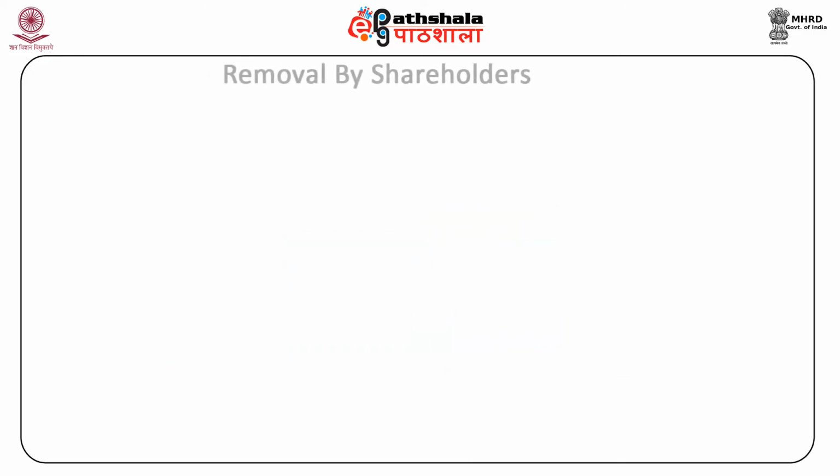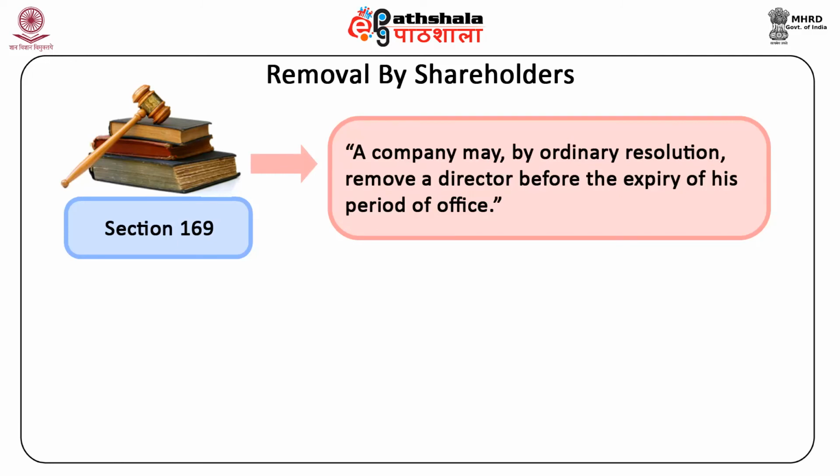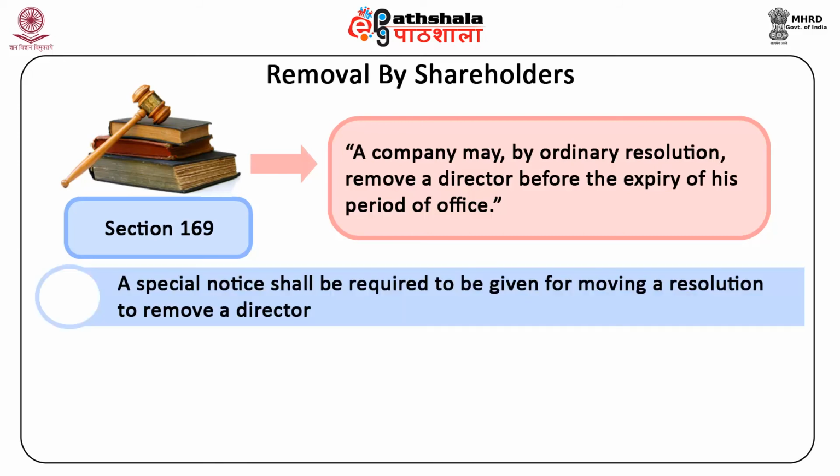Removal by shareholders. According to Section 169, a company may, by ordinary resolution, remove a director before the expiry of his period of office. A special notice shall be required to be given for moving a resolution to remove a director.